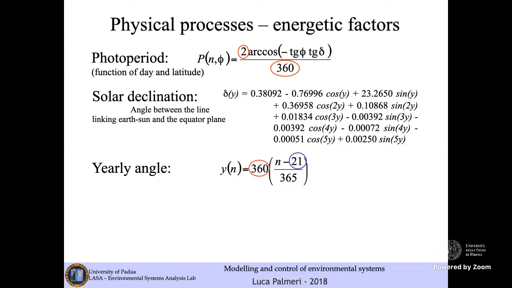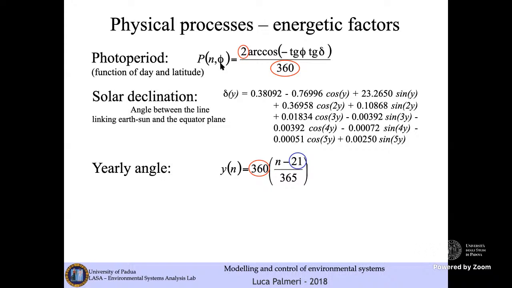So we introduce a new factor that is this photoperiod. The photoperiod is a function of the day of the year and of the latitude of the position. The day is represented here by n, and the latitude is represented here by phi.